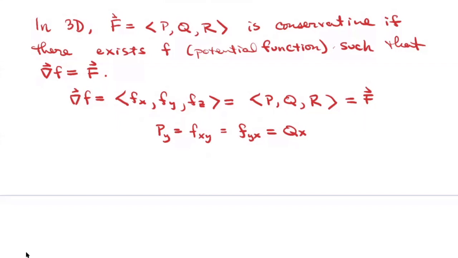Now we could do Pz. That would be another mixed partial. So Pz would be Fxz. You follow me on that? But of course, the order of mixed partials is irrelevant, so I could call this Fzx. So which one is that?